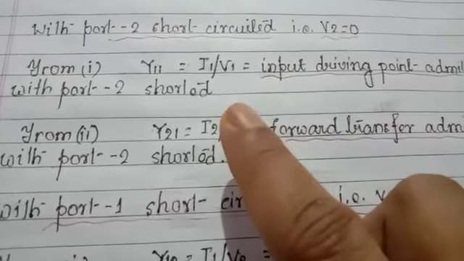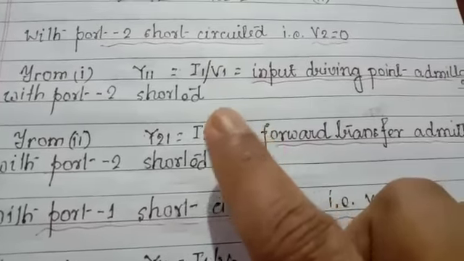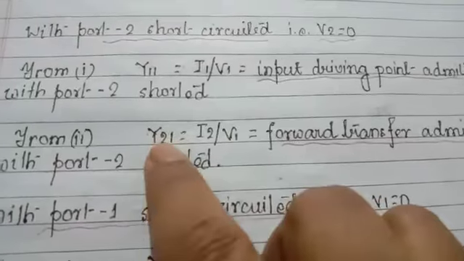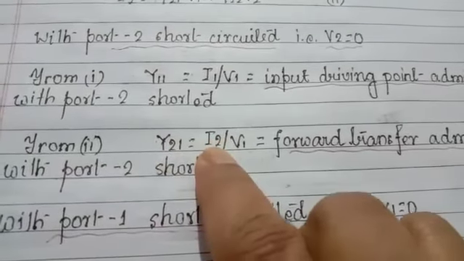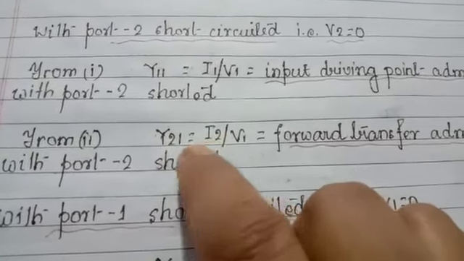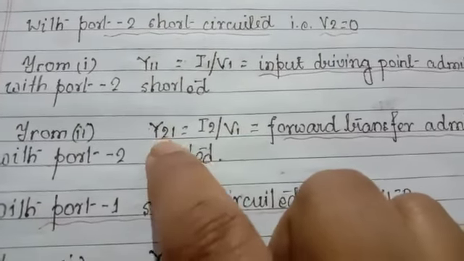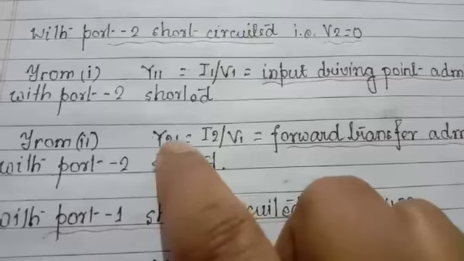If you notice, yesterday while explaining Z parameters, I said that the suffix of the numerator variable and the suffix of the denominator variable define the suffix of the parameter.